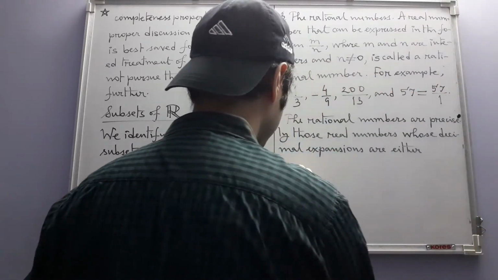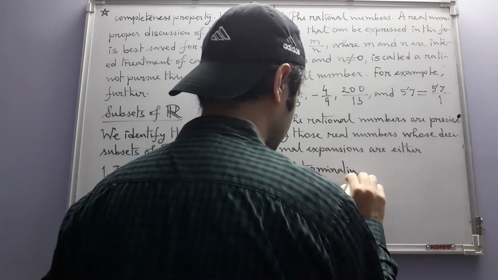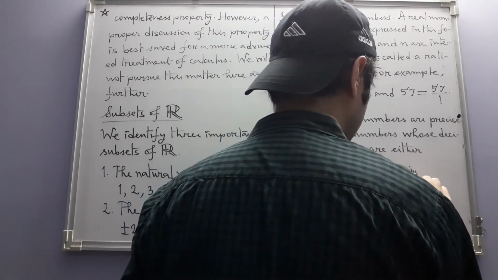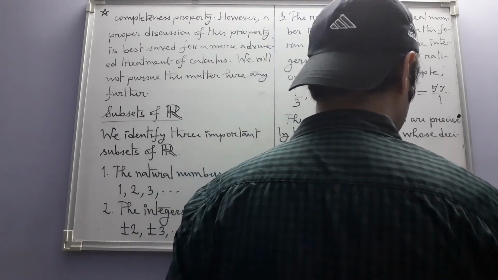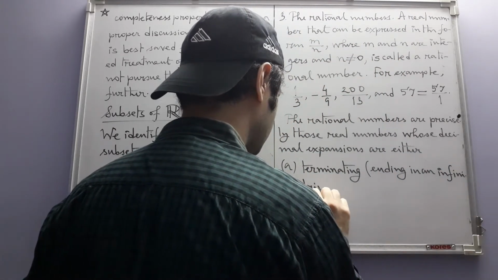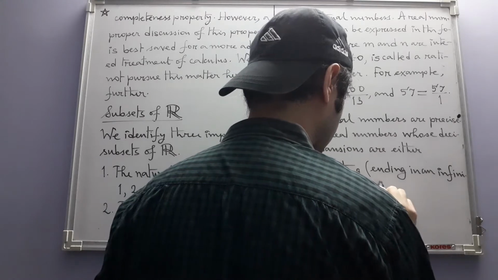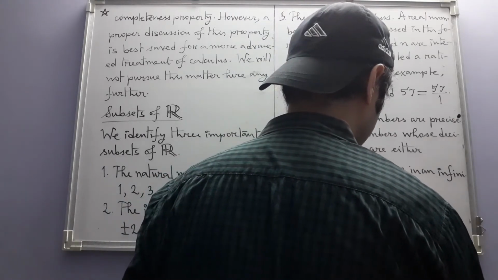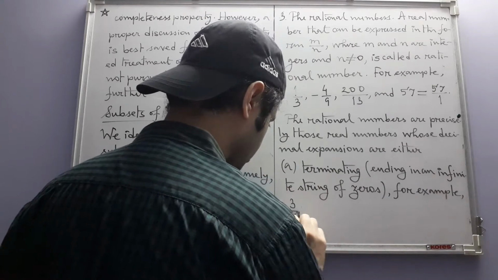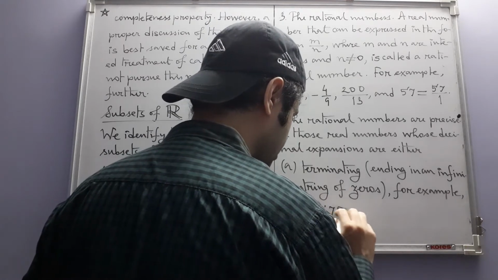Terminating means ending in an infinite string of zeros, for example 3 by 4, its decimal expansion is this.